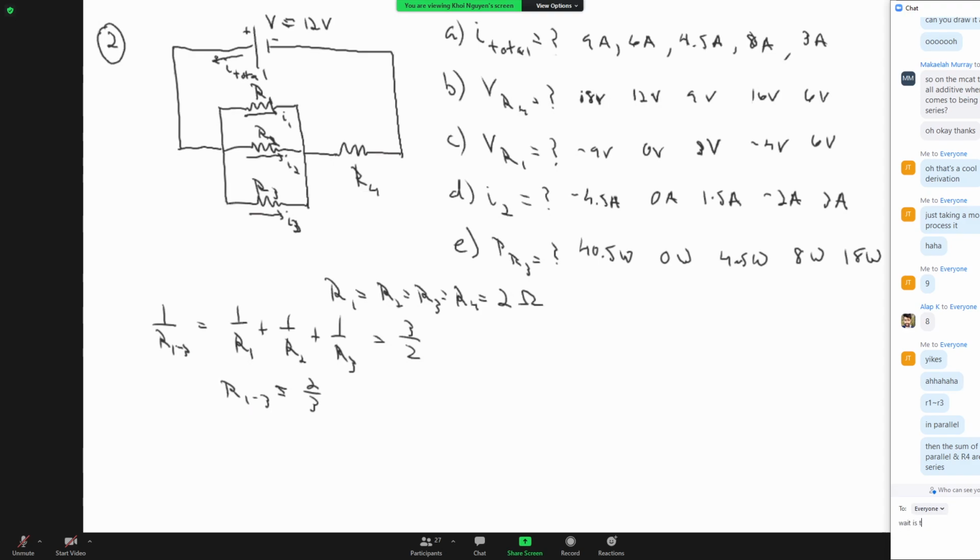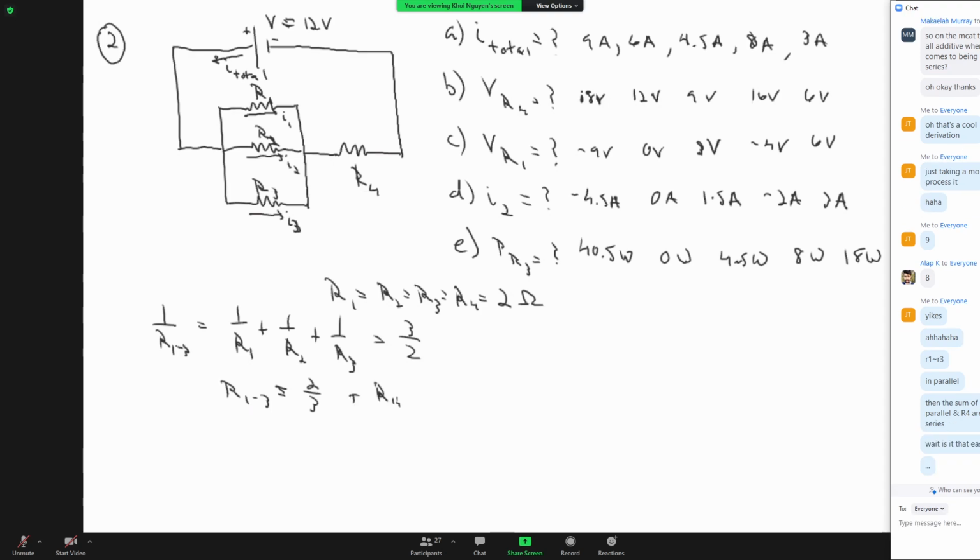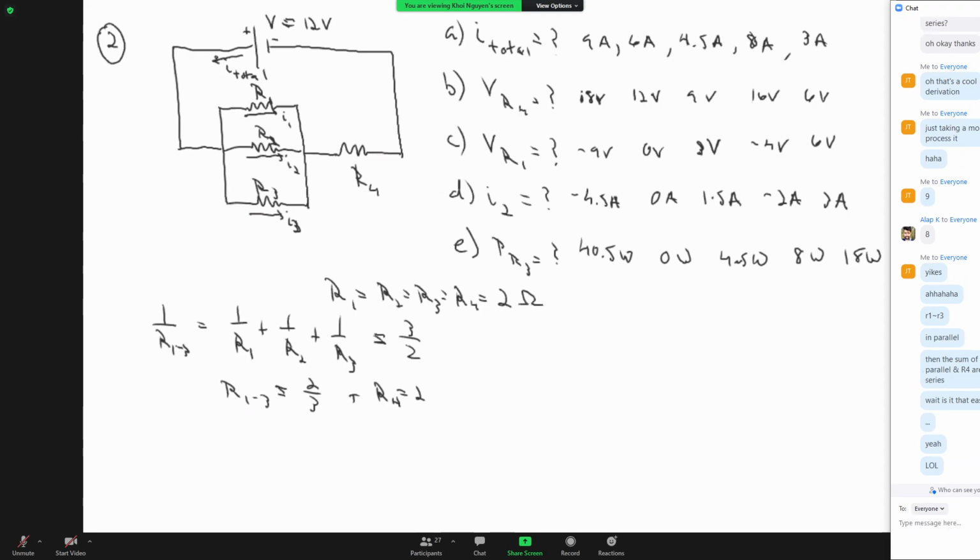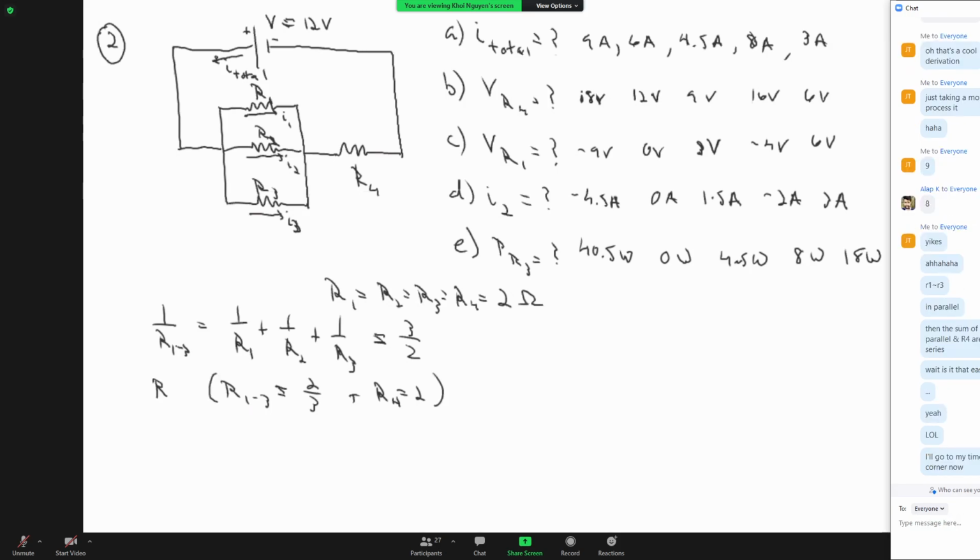And then we're going to add that to R4 because they're in series, which is equal to 2. Did you forget to take the reciprocal? It is that easy. So this is R total, right? REQ.